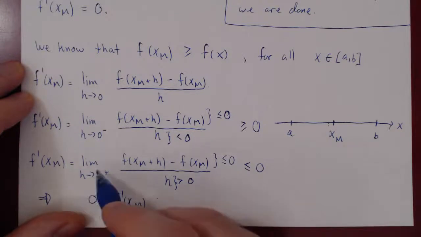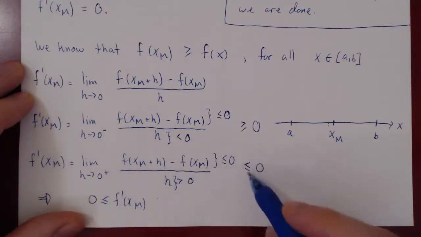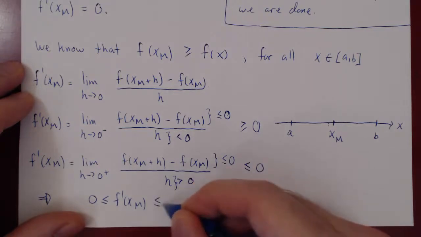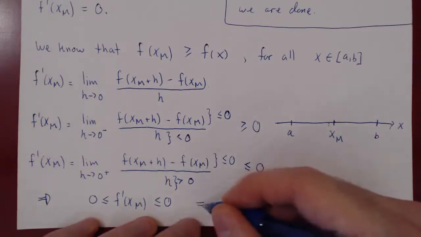But from the limit from the right, the derivative at xm is less than or equal to 0. And now look at that. How can you have a number that is bigger than or equal to 0 and simultaneously less than or equal to 0? There is only one option. This number must be equal to 0.